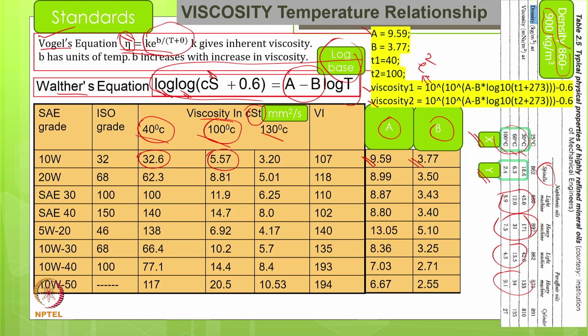But one point, now here we have only 3 values and we require 3 parameters. That means if I solve the same equation for the next light machine oil, I have to resolve everything. For heavy machine oil, again I have to resolve everything. So there is a drawback in this.